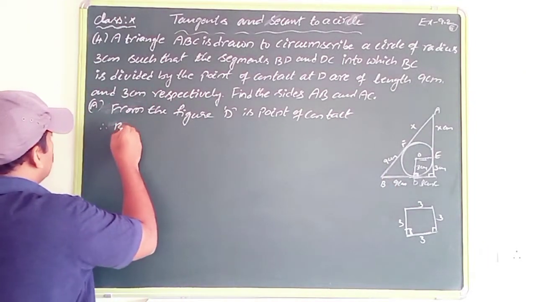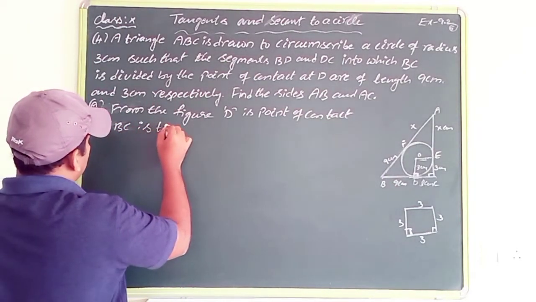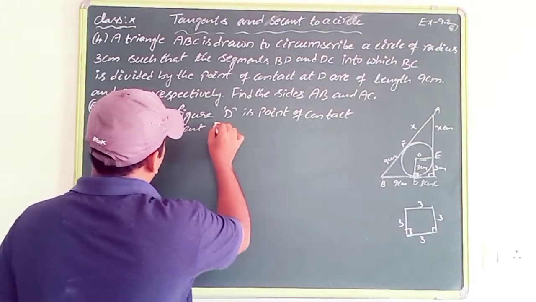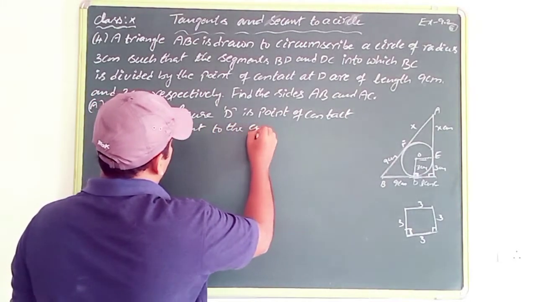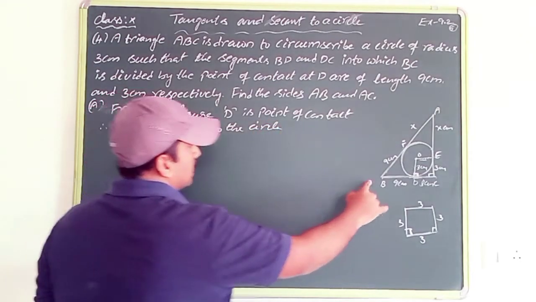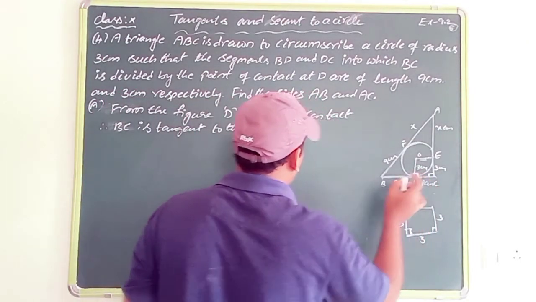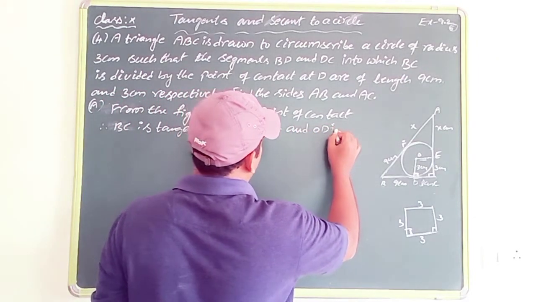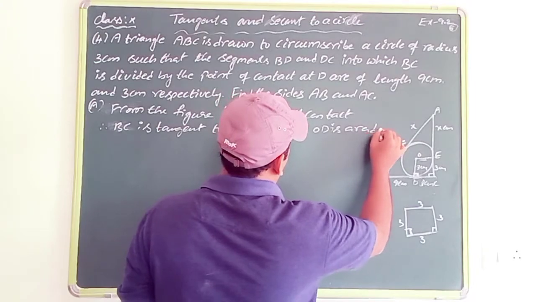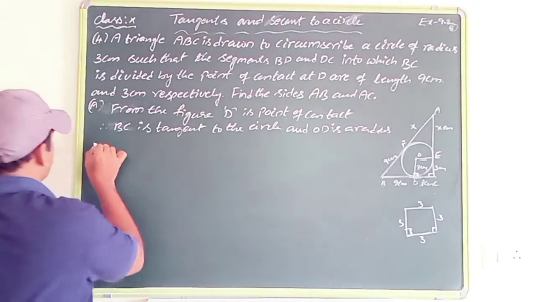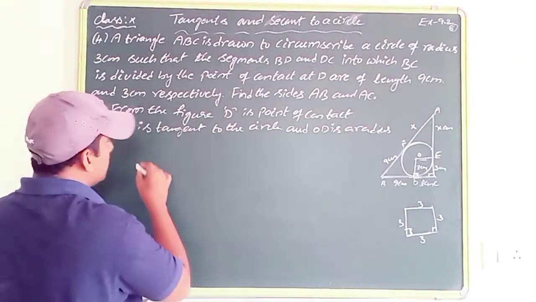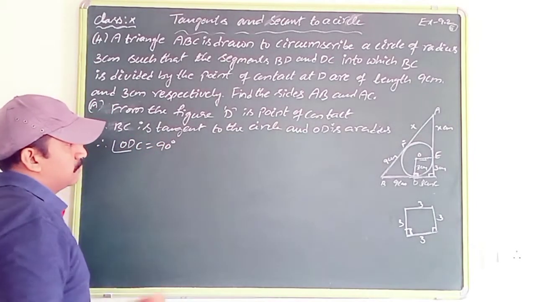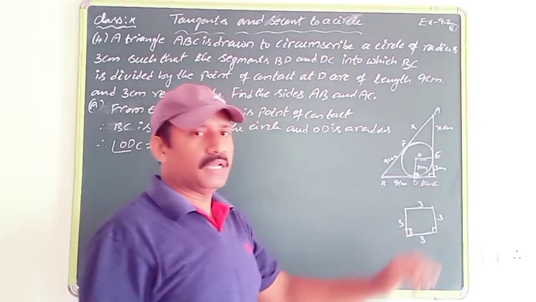So BC is tangent to the circle, and OD is the radius. So therefore angle ODC is equal to 90 degrees.